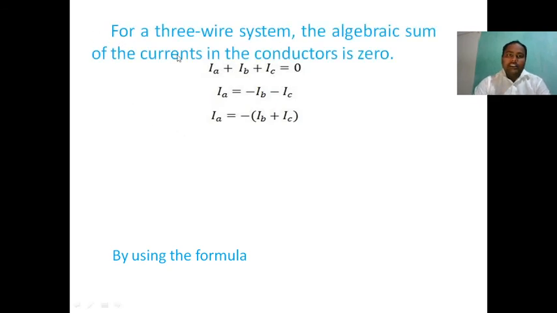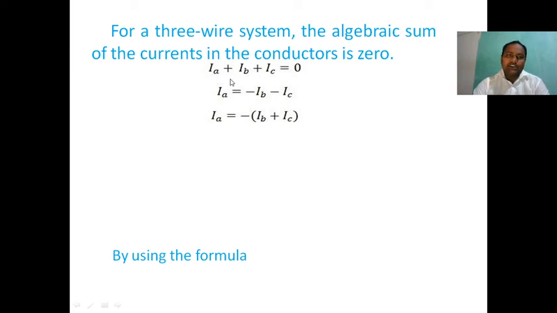For a three wire system, the algebraic sum of currents in the conductors is 0. So IA plus IB plus IC is equal to 0. So IA is equal to minus IB minus IC, that is IA is equal to minus of IB plus IC.